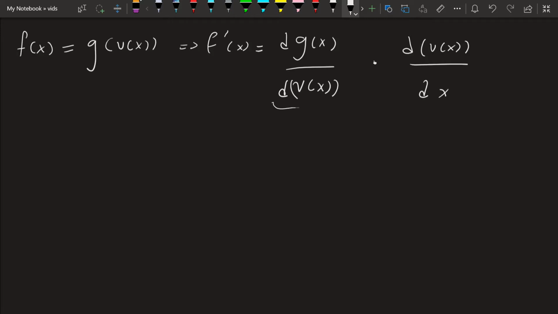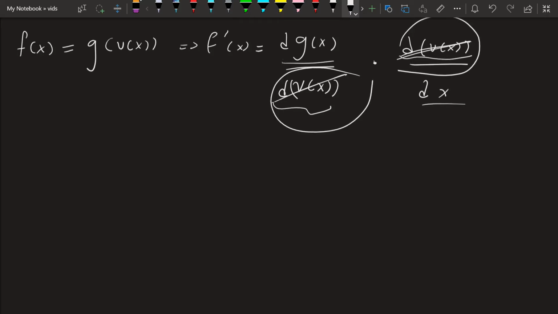Now, this is exactly the chain rule. I just rewrote it again in a smaller form. Now, look at this. This can cancel out with this. We're only left with dg of x over dx. These two terms cancel out, and it makes pure intuitive sense.